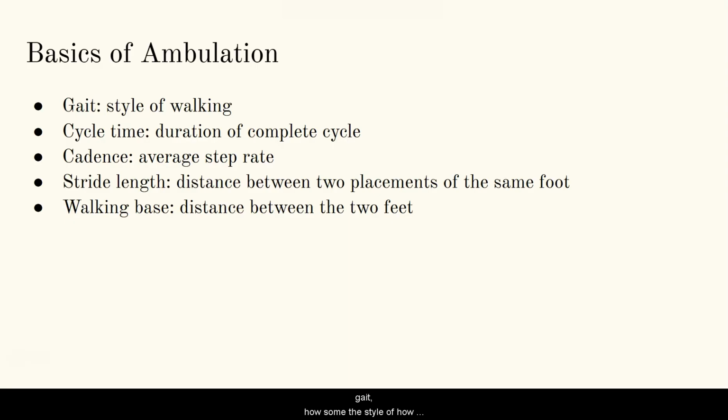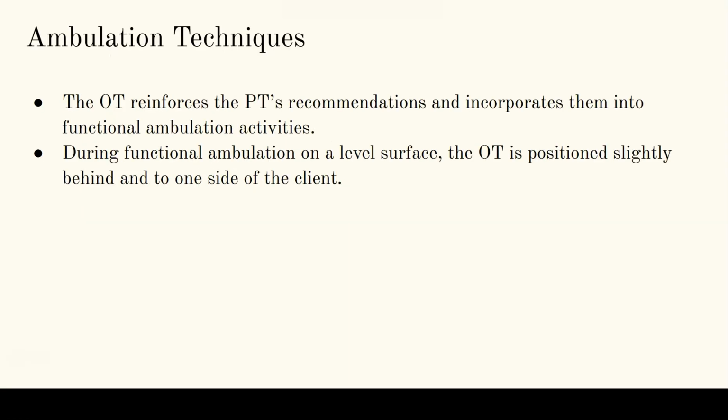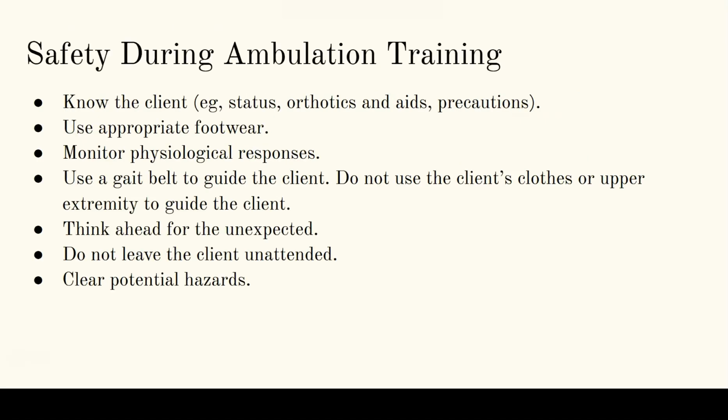Gait, the style of how somebody walks; the cycle time, the duration of completing a step or step two; cadence, the rate; stride length, the distance between two placements of the same foot; and walking base, the distance between the 2 feet. So if you're reading a physical therapist's documentation, that is important information for you to know.